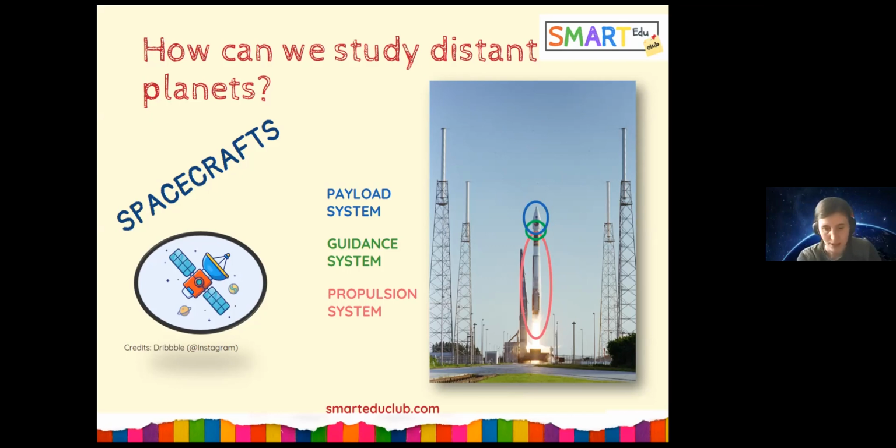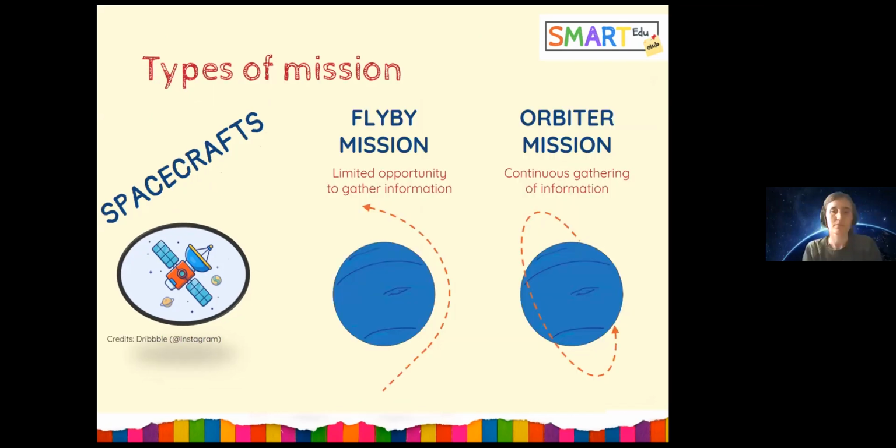Okay, so we have a look at rockets, because we can have different types of missions, a spacecraft and possibly a rover, okay? But we have different ways to get closer to a planet.